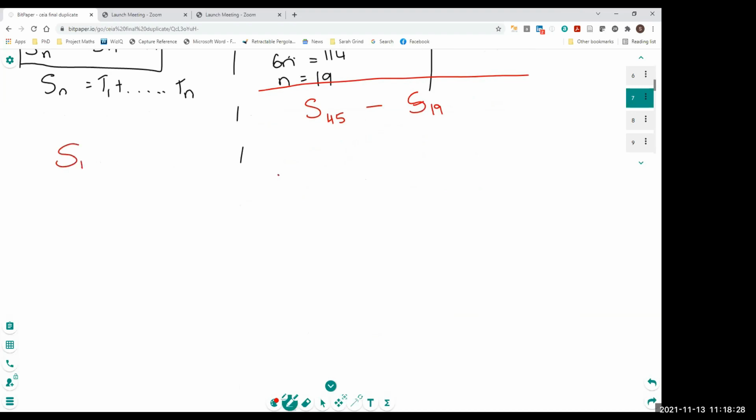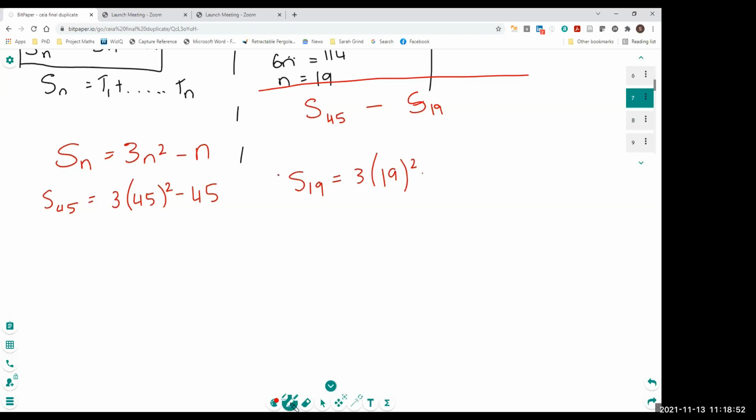Our formula for S of n is 3n squared minus n. We solved that already. So our S of 45 is equal to 3 times 45 squared minus 45. S of 19 is equal to 3 times 19 squared minus 19.